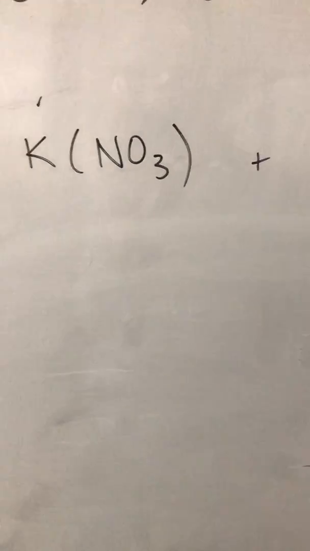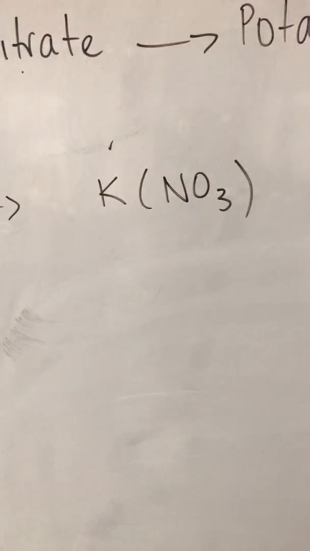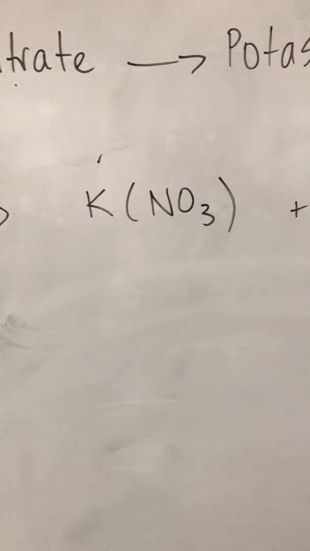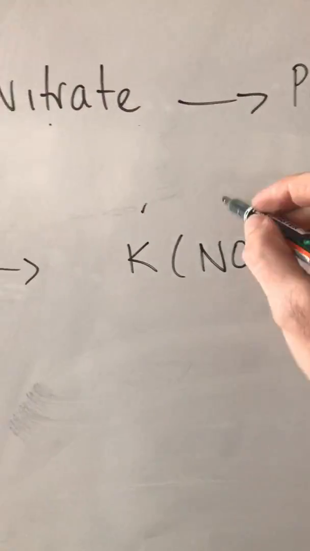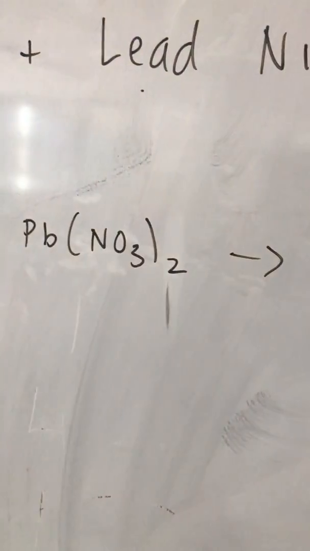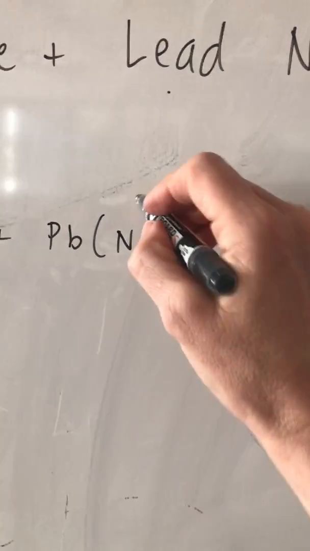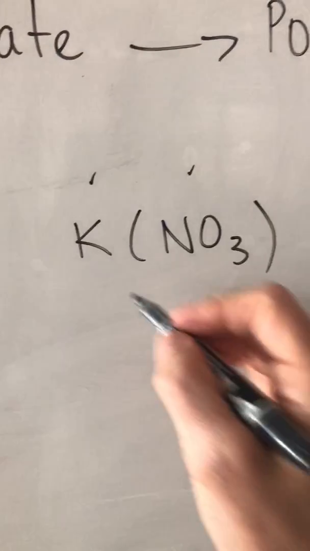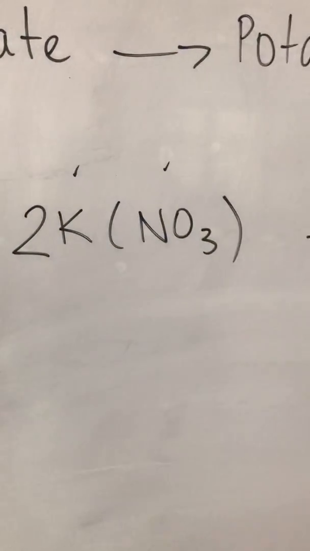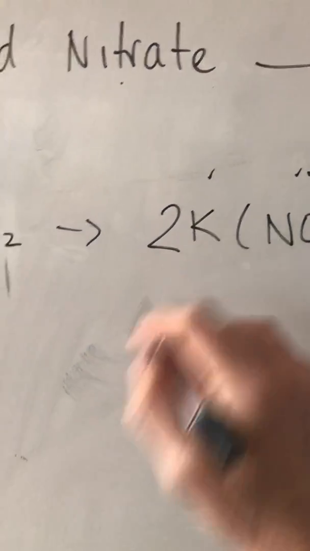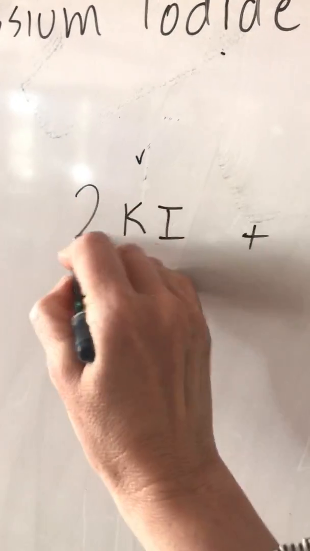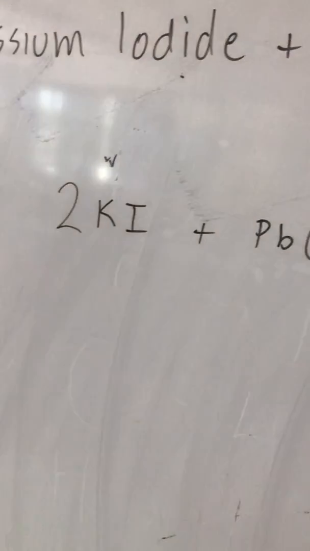Normally I don't like collectively considering nitrate when I'm balancing, but I know what I'm doing, so I'm going to. I've got 1 nitrate here, but I've got 2 over here. So to balance that one, I need to put a 2 out the front here. That'll fix up my nitrates, but my potassium is now 2. So I need to put a big 2 there to fix that potassium up.